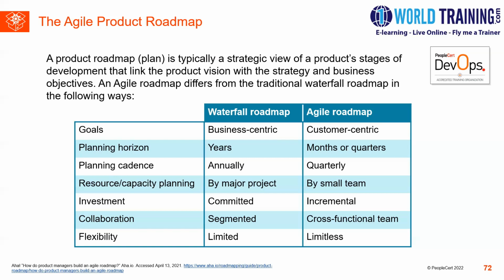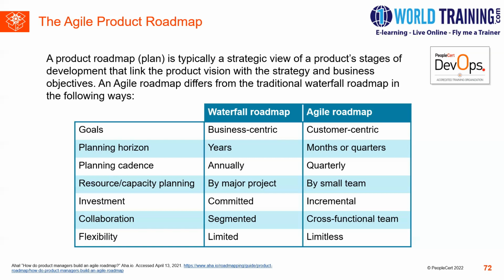Resource and capacity planning for the waterfall roadmap is focused primarily on major projects, and for the Agile roadmap it is focused on small team size. So you define the capacity or resources based on your team size. The overall investment in the waterfall roadmap is committed upfront.